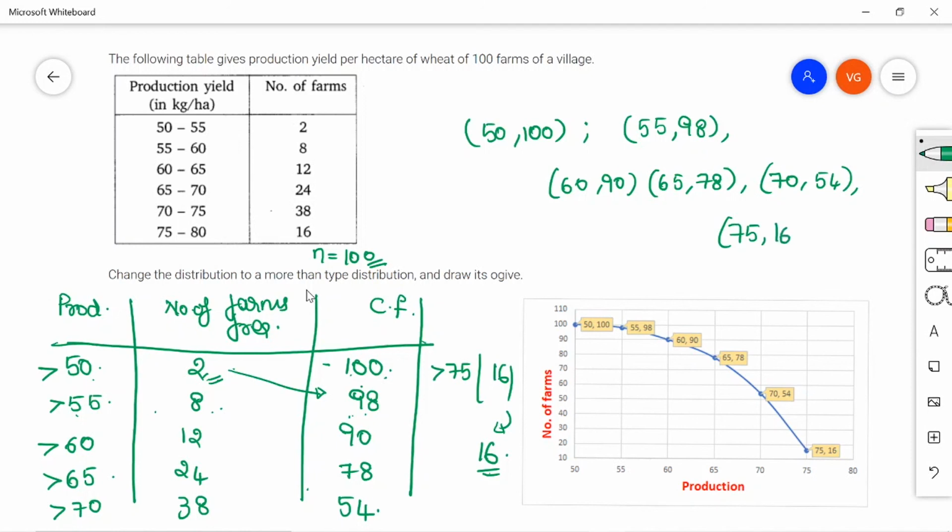Okay. So drawing the graph here, taking x-axis as production and y-axis as number of farms here. See, 50, 100, 55, 98, 60, 90, 65, 78, 70, 54, 75, 16. Join all the points to get your more than ogive here.